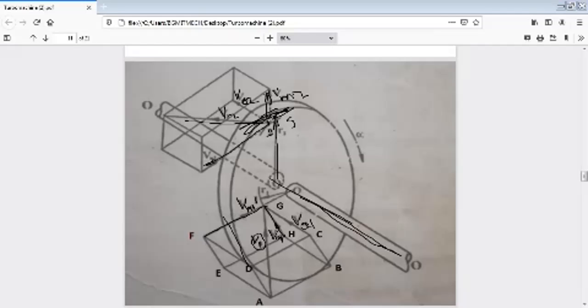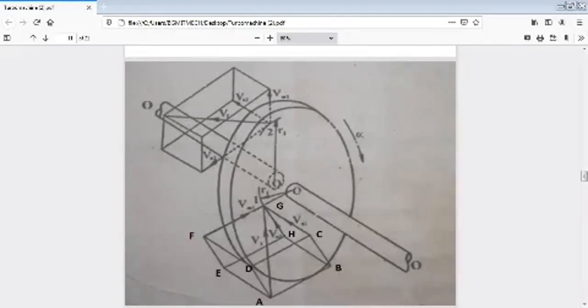This tangential flow component is VU2. I think you have understood. If you have not understood, you can call me and ask your doubts. Next we will have one more figure.